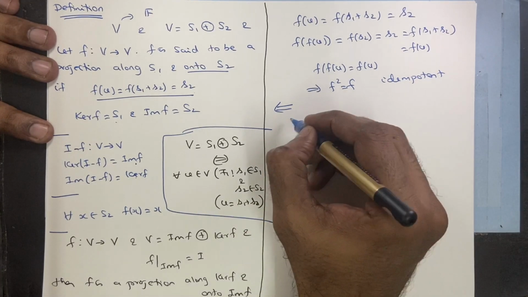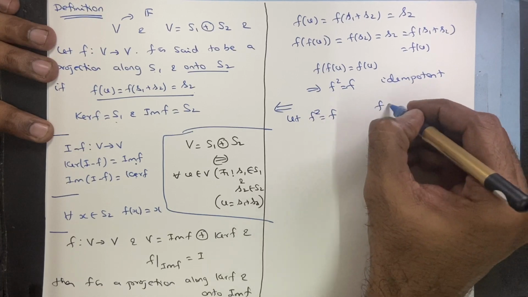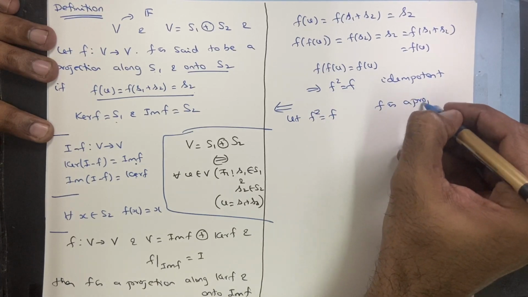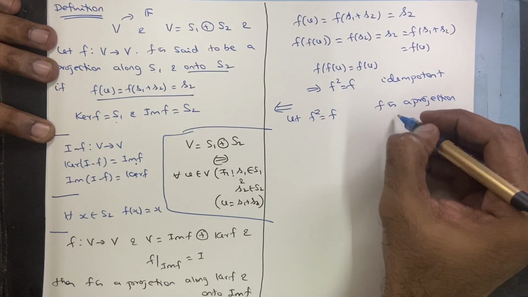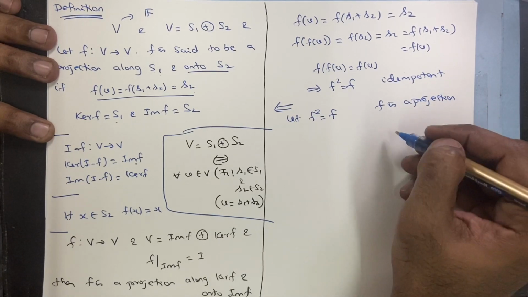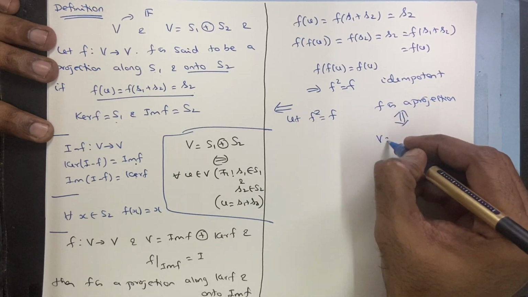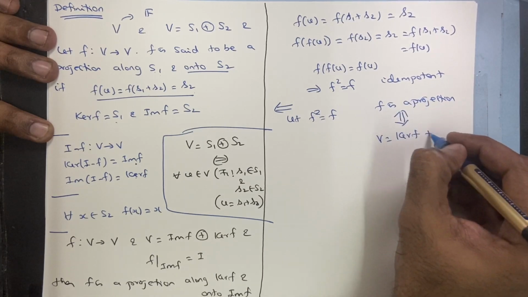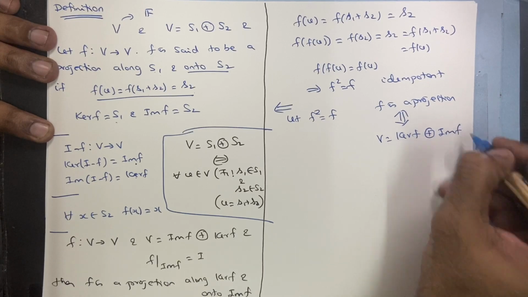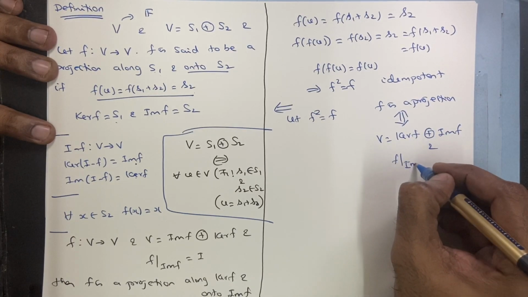Let's check that. Let f squared equal f, and we want to prove that f is a projection onto the image of f and along the kernel of f. Therefore it's enough to prove that V is the direct sum of the kernel of f and the image of f, and that f restricted to the image of f is the identity map.